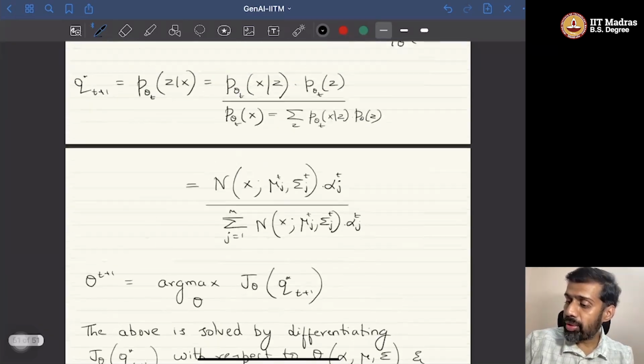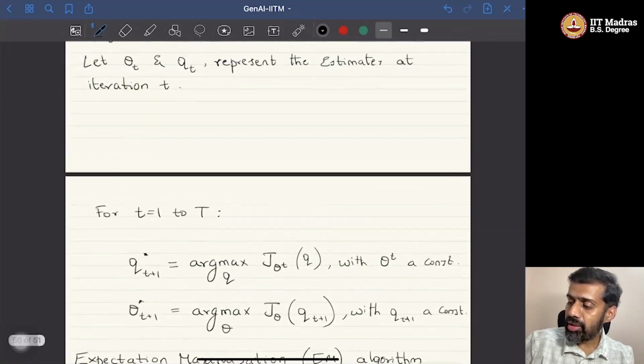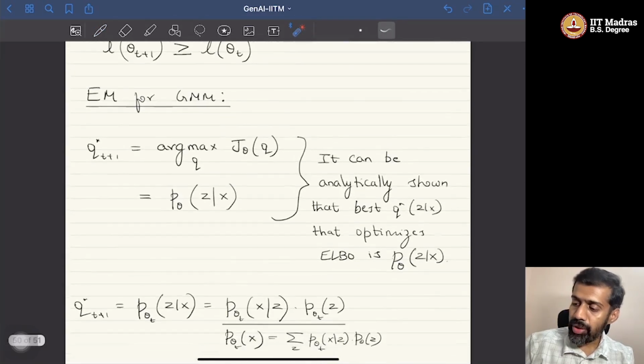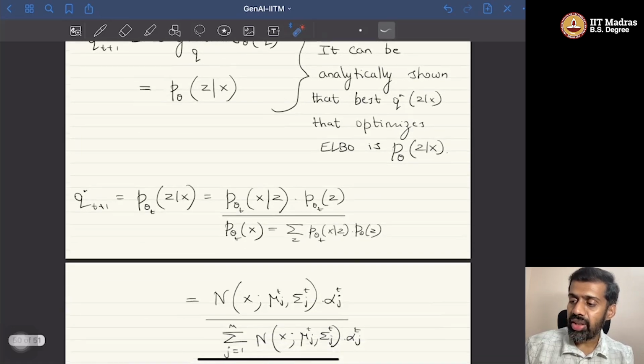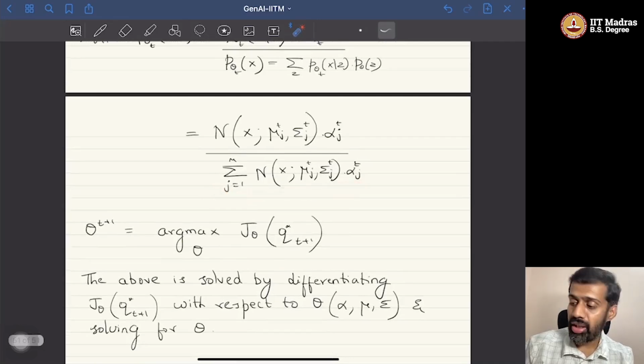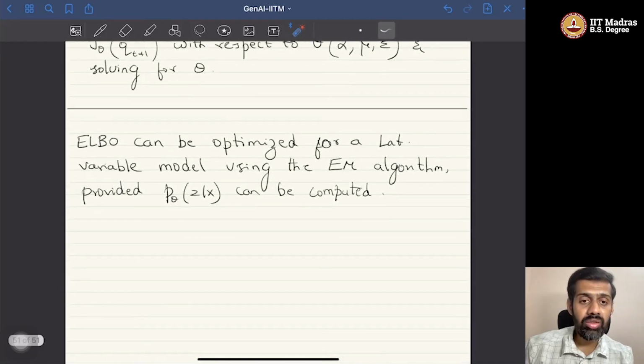Right? Why is this important? Because the EM algorithm involves optimizing for q and theta alternatively, and the optimal q that would maximize the ELBO is given by p theta of z given x. And if the model permits that we can find out p theta of z given x using Bayes' law, which is possible in the case of GMM, then the EM algorithm can be used to find the parameters of a latent variable model.